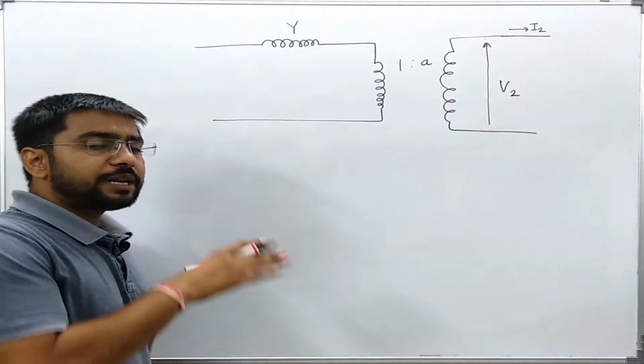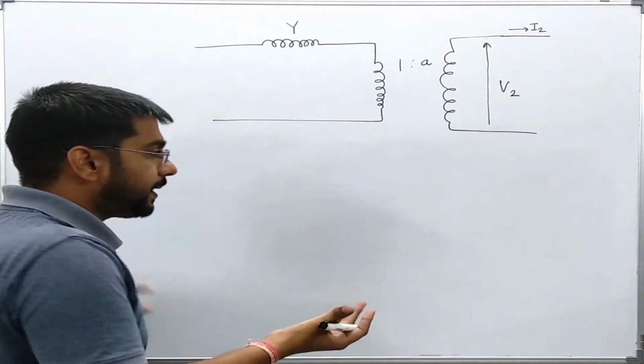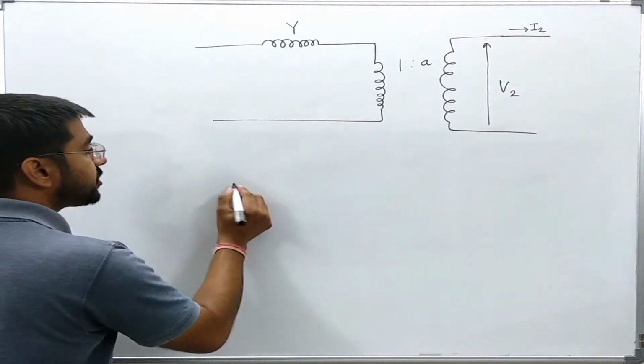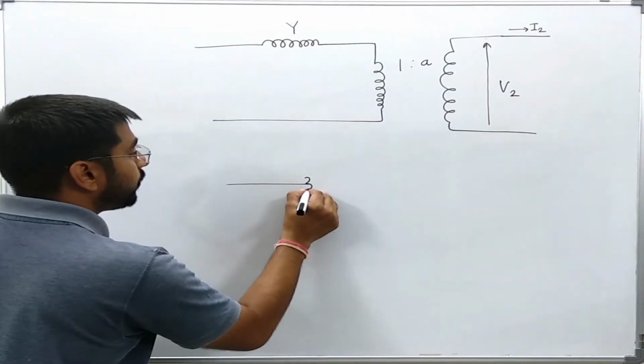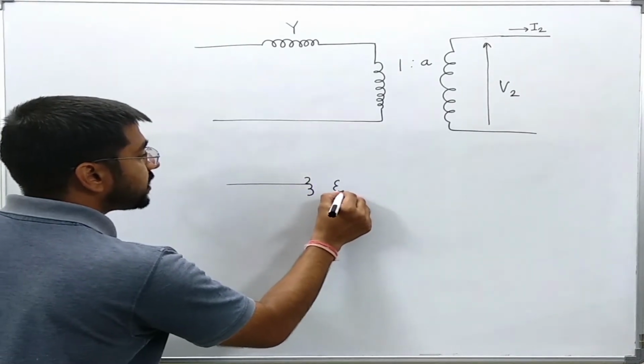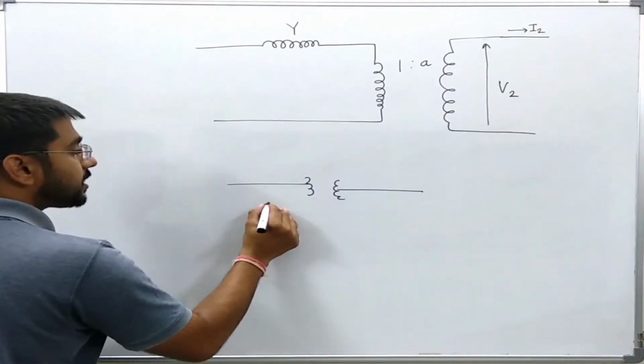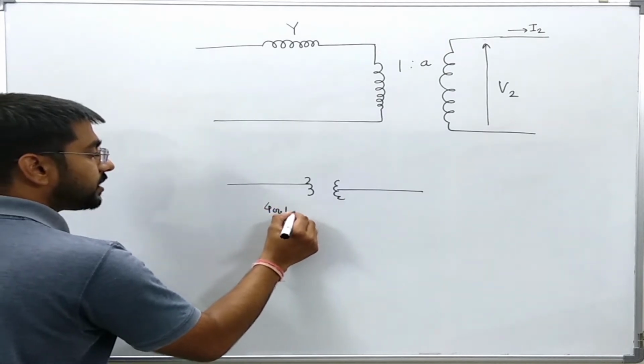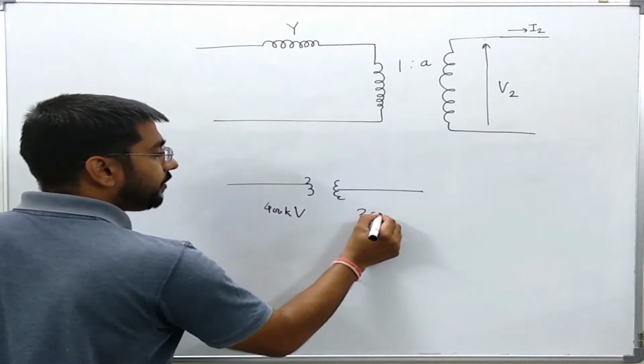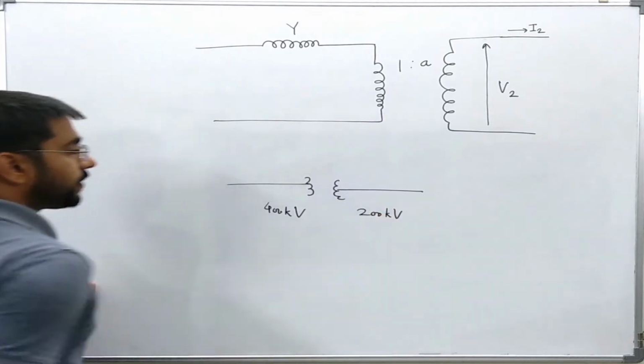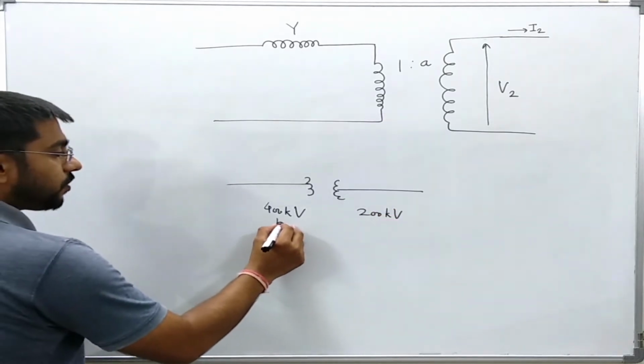Like in mathematical form, let us say I have a system in which a transformer is present. It is, let us say, 400 kV base on this side and 200 kV base on this side. Okay, these are the base voltages.